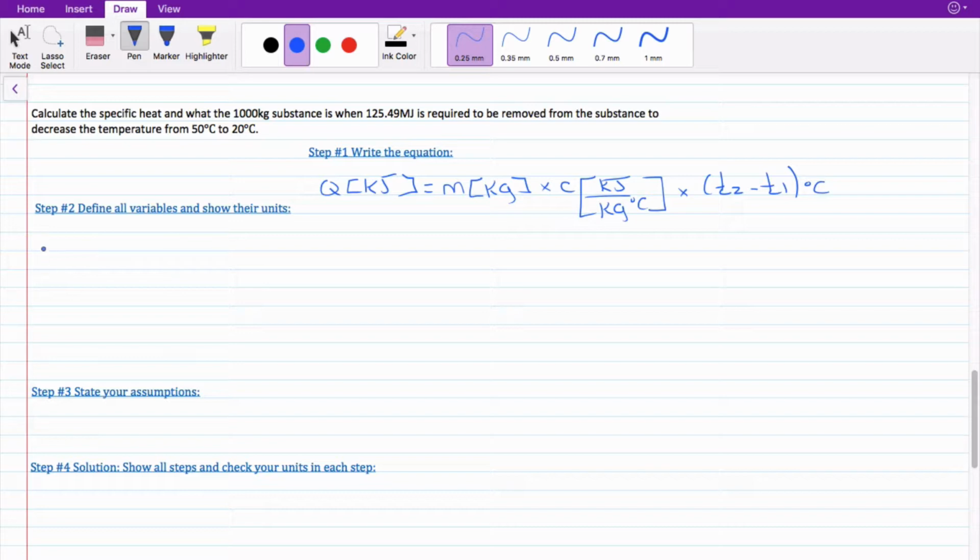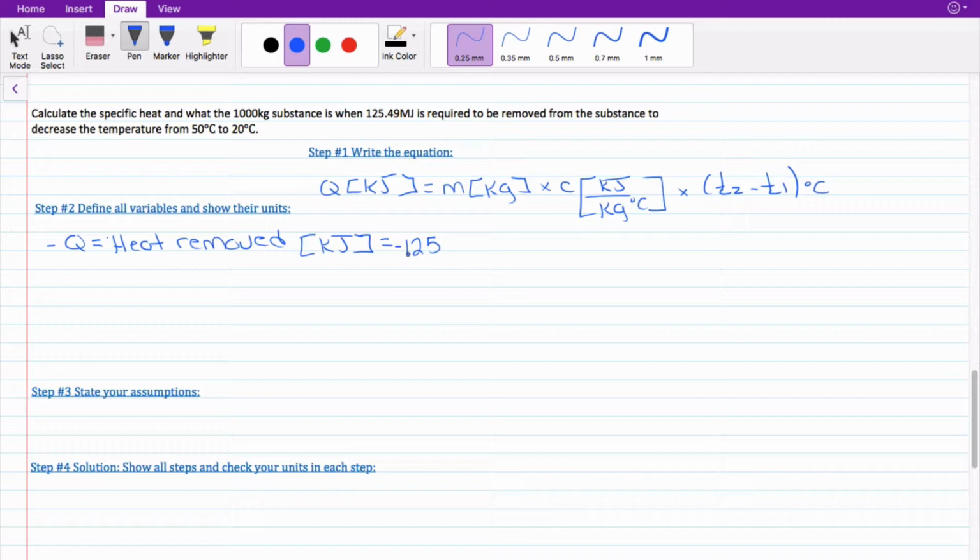So to find all variables, once again, you got Q. In this case, the heat's removed, and that's in kilojoules. They provided us with it in megajoules, so that is 125.49. I guess it's negative.